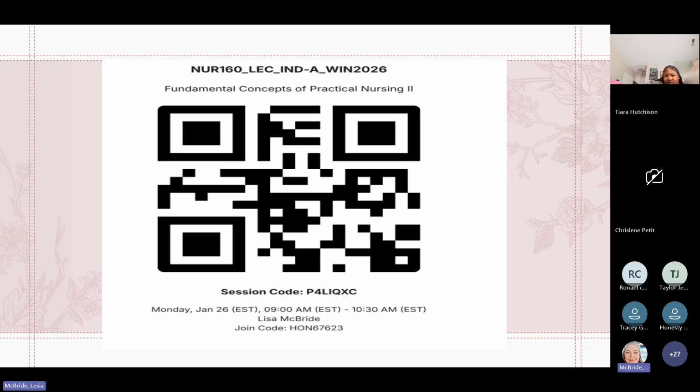If anybody else has not had a chance, the course key is there, and the code, if you have to, you put a code. If you're using your phone, you just take a picture. If not, then use the code there if you're using your laptop, which is P4LIQXC. So everybody, please try to get course keyed in if you can.